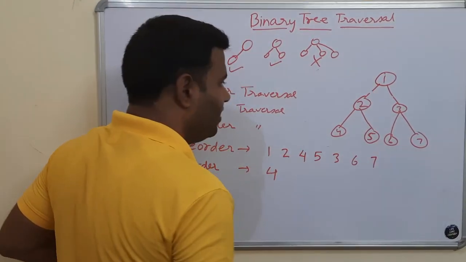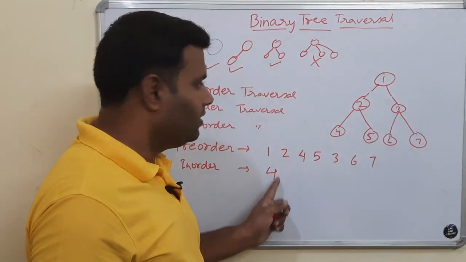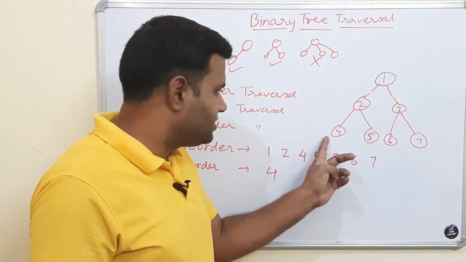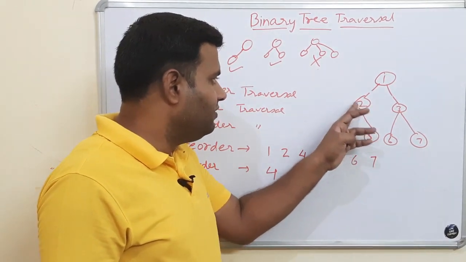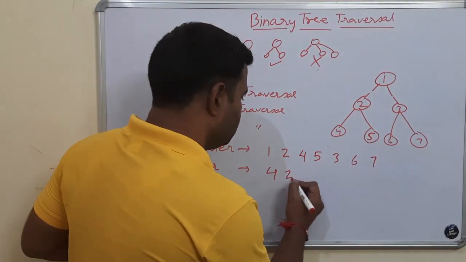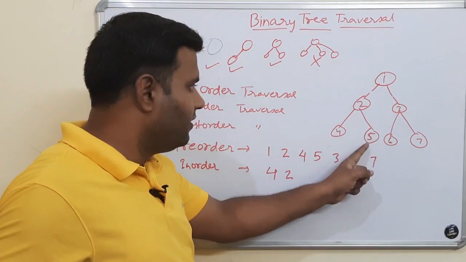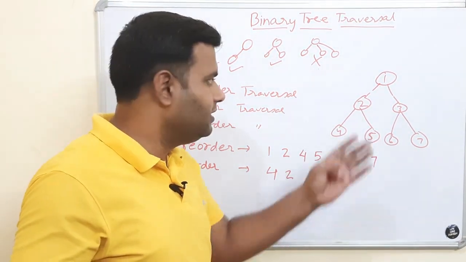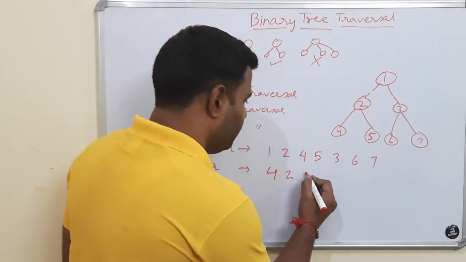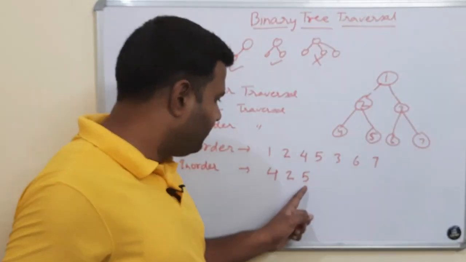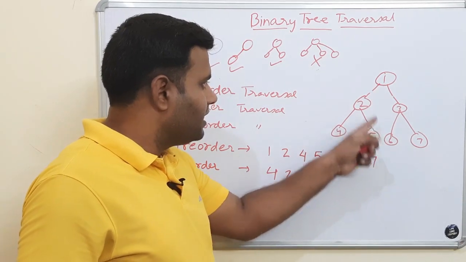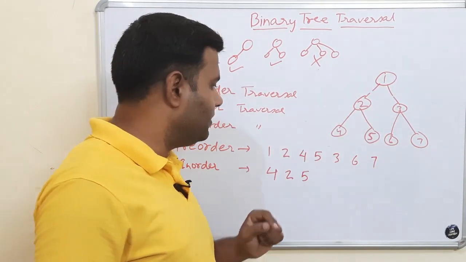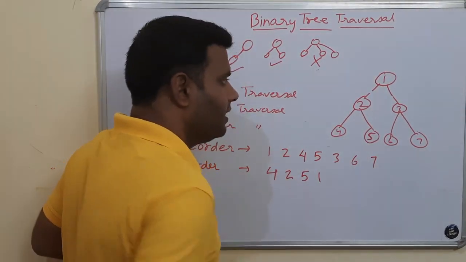So here 4 will come first, and then we have to visit the root. Its left child and right child are none, so not an issue. Then we will visit 2. After that 5, because the root is visited, then the right child. After this subtree is done, right? Now the turn of 1 comes, so 1 will be written.